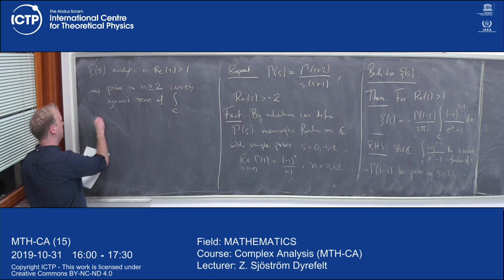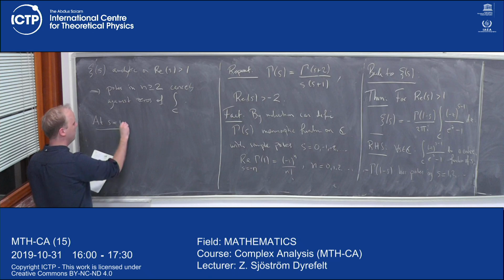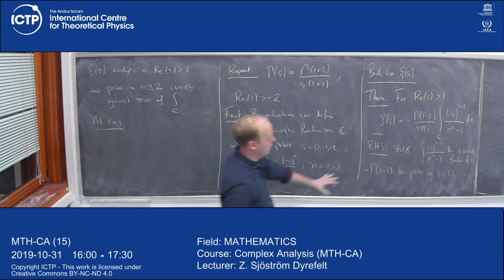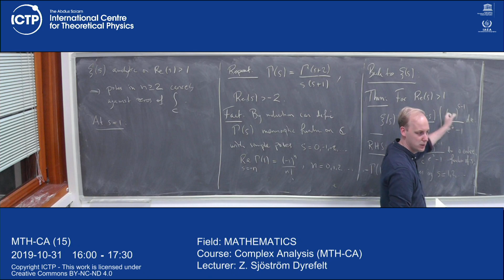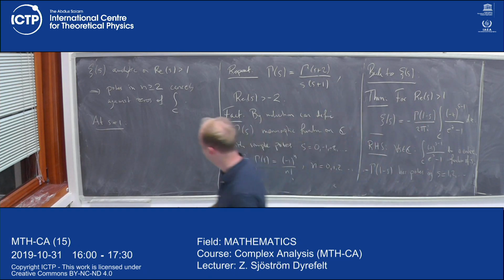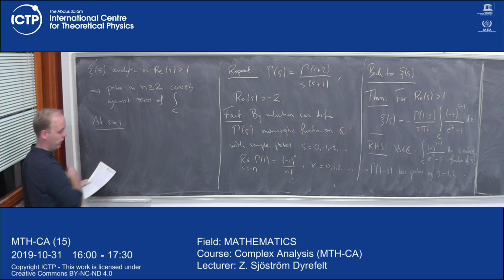And so what remains, simply: we said this one was analytic, this one had poles, but in the poles n equals 2, 3, and so on, it was counteracted by the zeros here because we knew it was analytic. So the only remaining part to look at is, as you said, on the boundary of where we know it's analytic. So when real part of s is exactly 1, well, so when s equals 1.